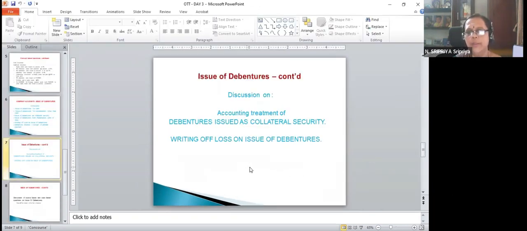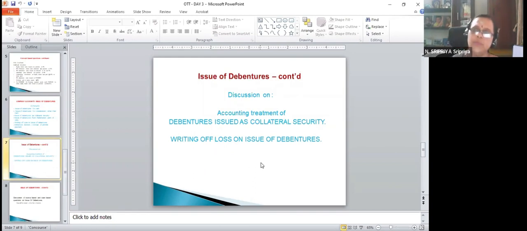Yes. The writing off of loss on issue of debentures. Yesterday, we could not complete that. We could not go to the debentures concept yesterday. Please remember, no company can retain any capital loss at the end of the year. It has to be mandatorily written off to the accumulated surplus, mainly from securities premium reserve, then from capital reserve.